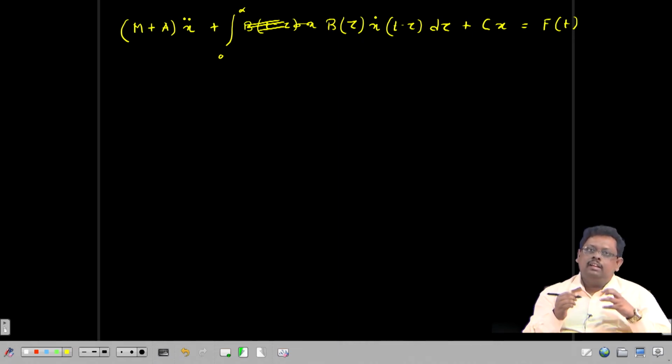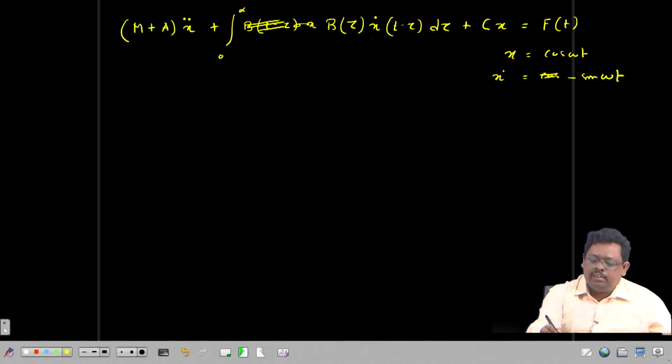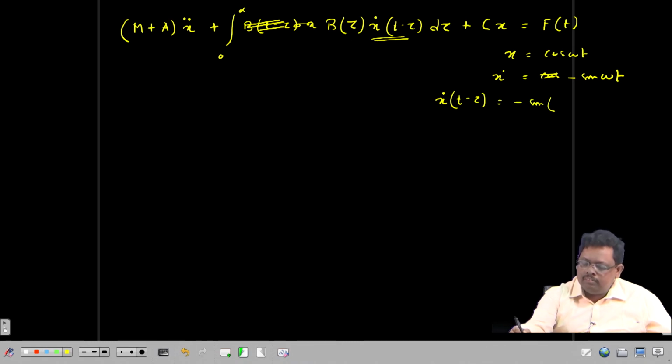Again, take the same solution, let us say x equal to some cos of omega t. So, therefore, x dot is minus sin of omega t. Now, here I have the x dot t minus tau term, so definitely it is minus sin of omega t minus omega tau.